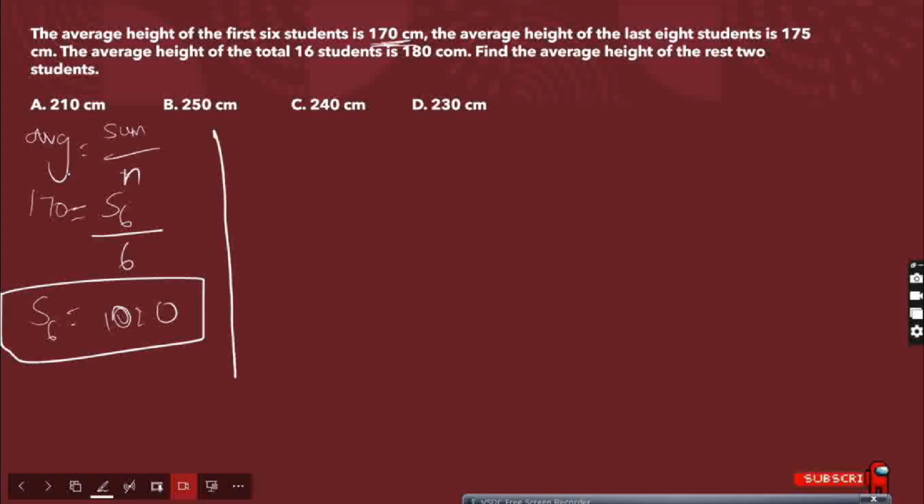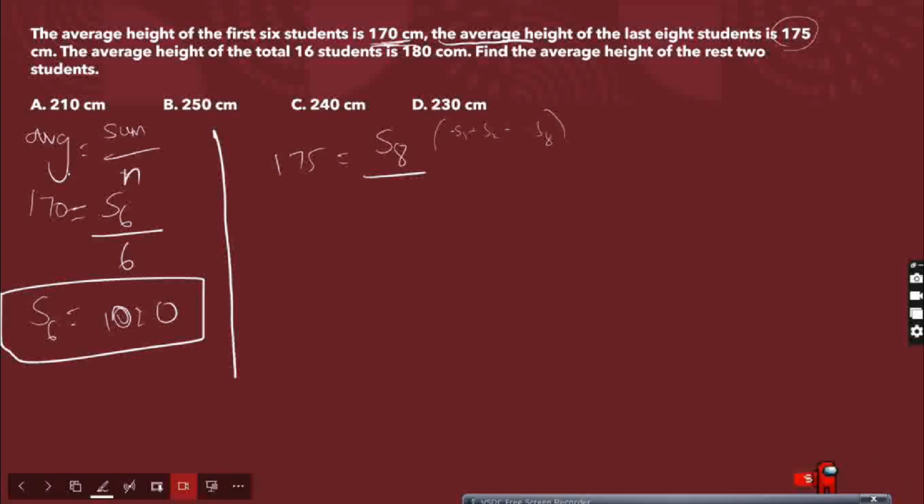Now let's go to the next statement. The average height of the last 8 students is 175. Let the sum of the last 8 students be S8. That means S8 is S1 plus S2 plus so on up to S8.